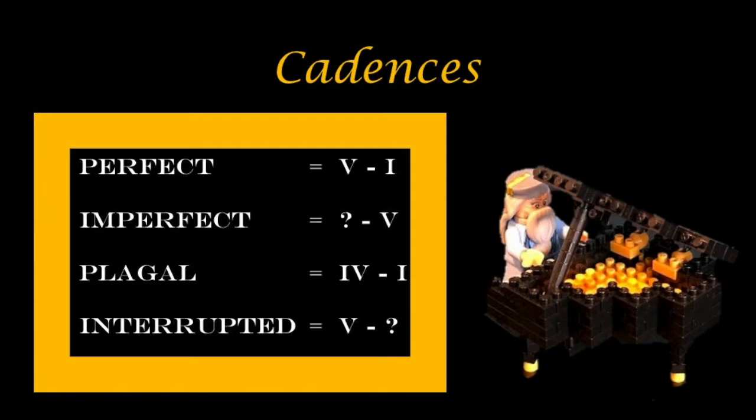So the perfect cadence is the strongest of the cadences and is what's going to be likely to finish a piece or to finish a section. And the imperfect, plagal, and interrupted cadences help keep interest and flow and kind of continue ideas. If we just have perfect cadences, it becomes like someone who speaks in short sentences.